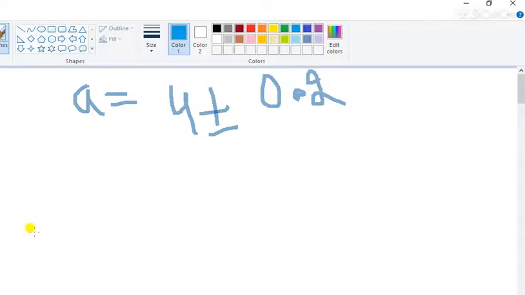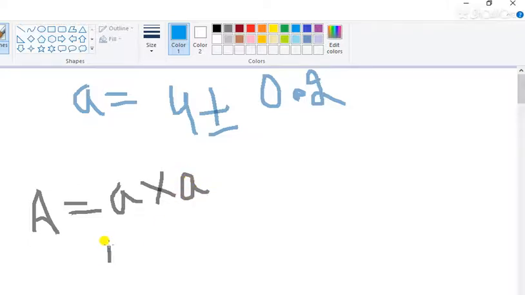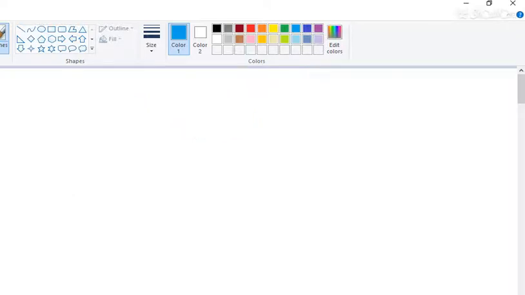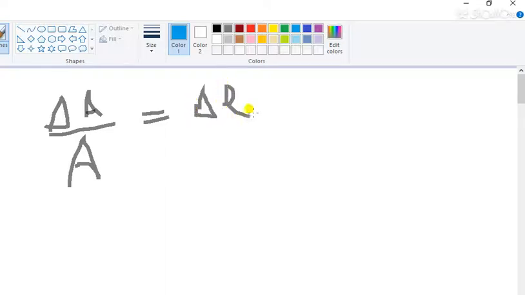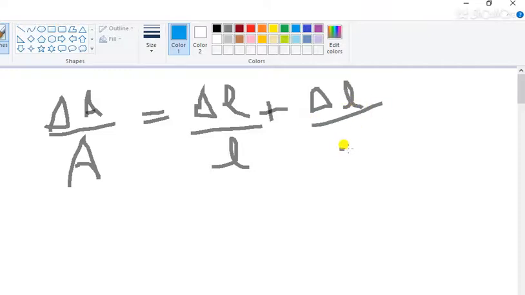One is that if we write area equal to A into A, you can use the concept that we have used in the triangle, that delta A by A is equal to delta L by L plus, since the breadth is also L, again delta L by L. This method you can use, or you can simply multiply by 2, because the area of a square is L square.